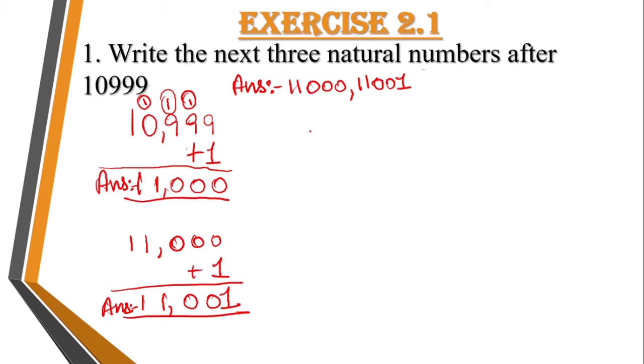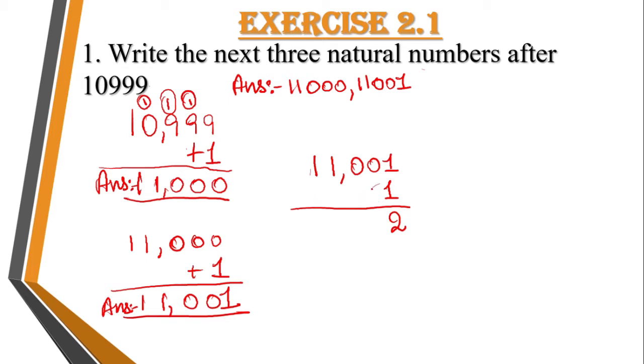Now we should add 1 to 11,001. So 1 plus 1 is 2. And all the other numbers will be as they are, because we don't have any numbers below them, right?